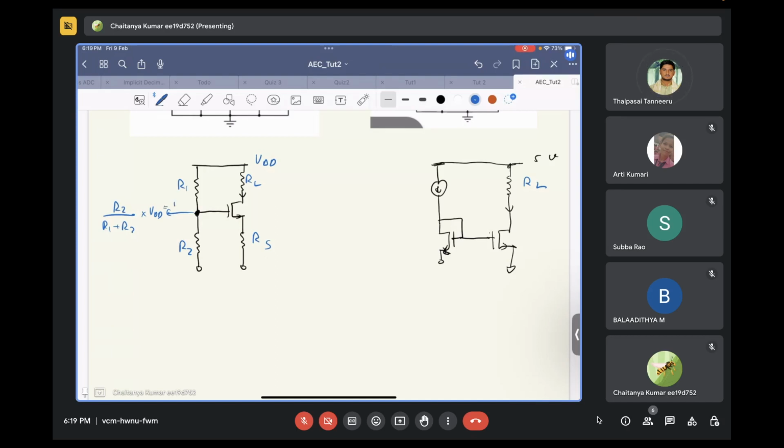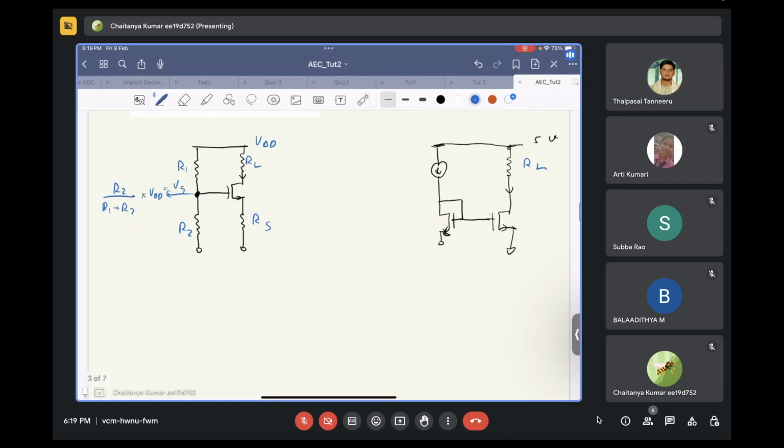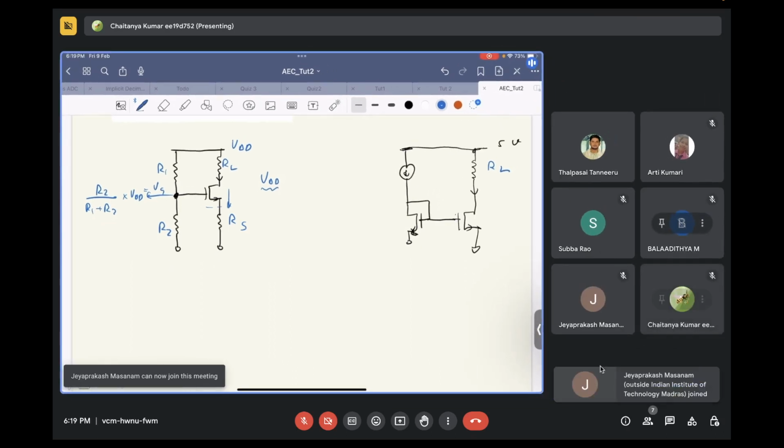Let's call this VG. Yes, sir. Now, what happens if this voltage is VG? Can you calculate the current through this transistor? And there is one more condition that VDD is large enough so that this transistor remains in saturation. We will assume that this transistor is in saturation itself.